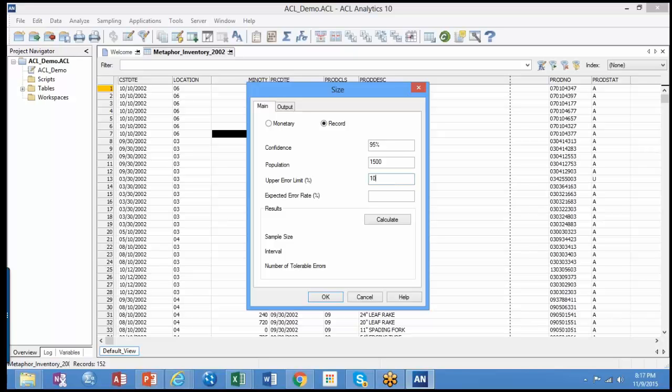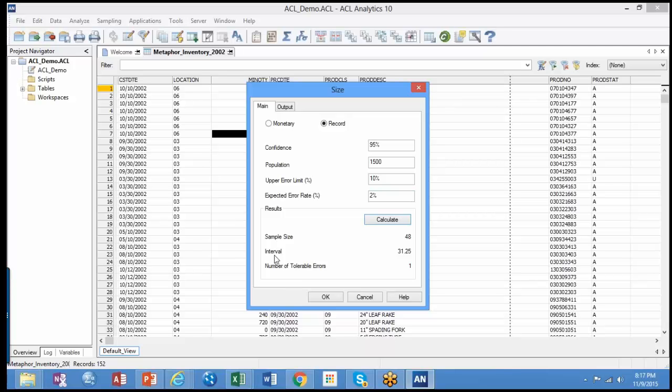Let's say that our tolerable defect rate is 10%, but we're only expecting a 2% error rate. We calculate this, and you notice that the sample size is 48. Because the precision is 8%, it's not that close, so we don't really have to inspect a lot.